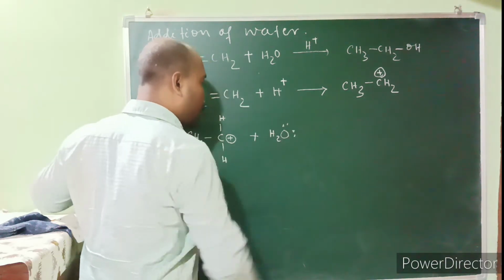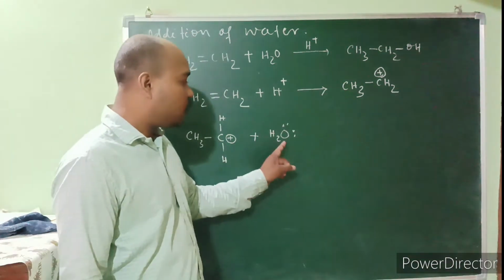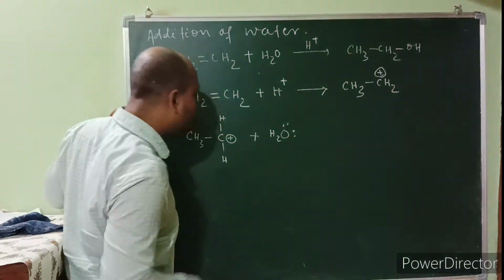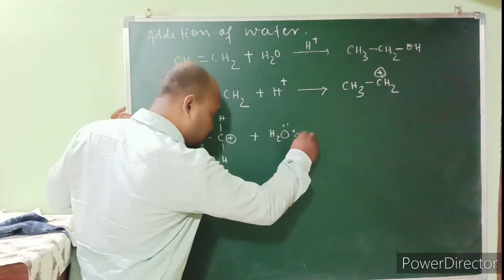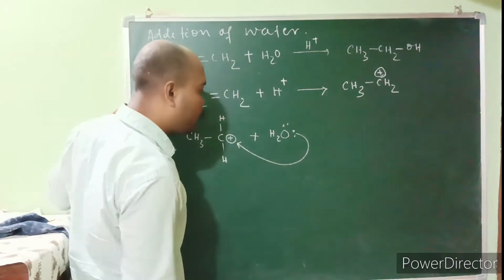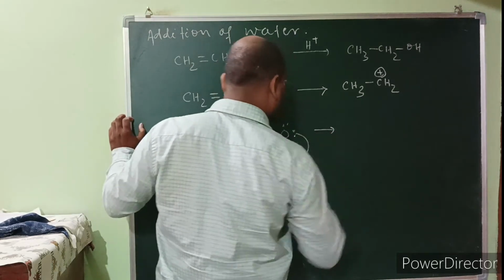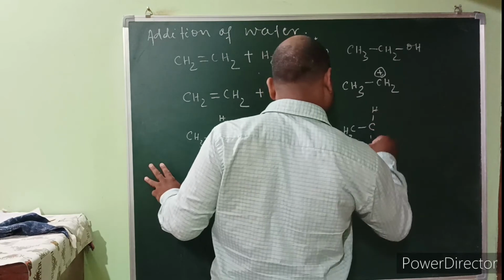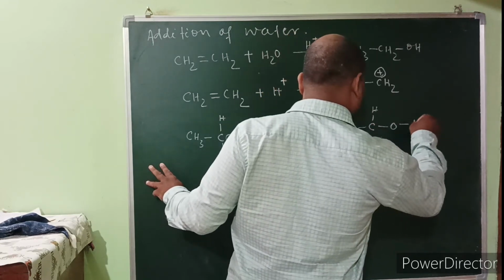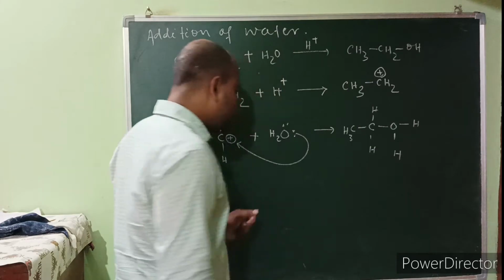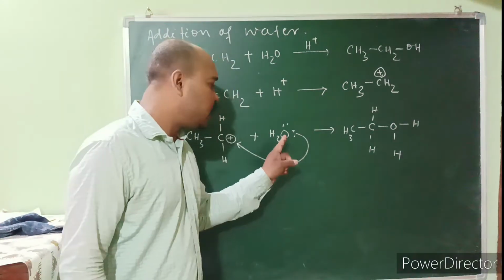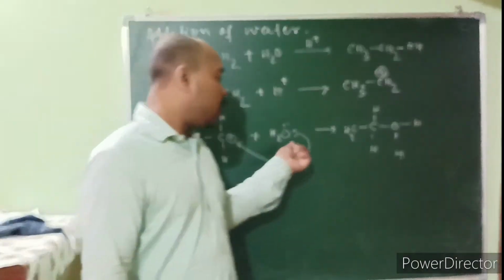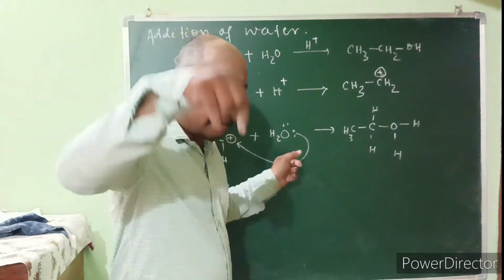We know that in water, oxygen carries a lone pair of electrons, and it is negative. The carbocation is positive. This will form a bond here. As oxygen is sharing a lone pair to form a bond, the electron density on the oxygen atom decreases.